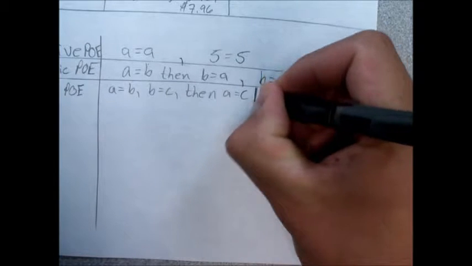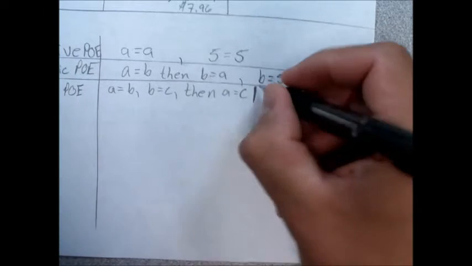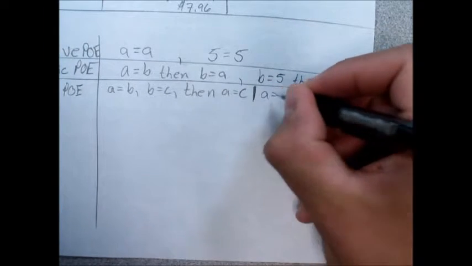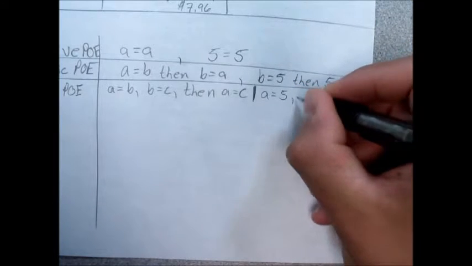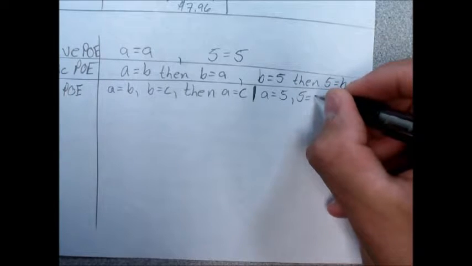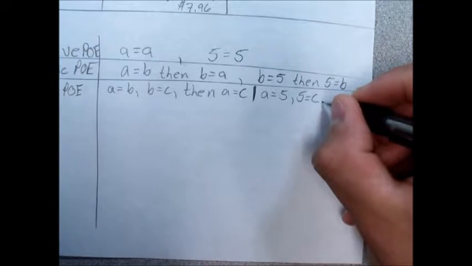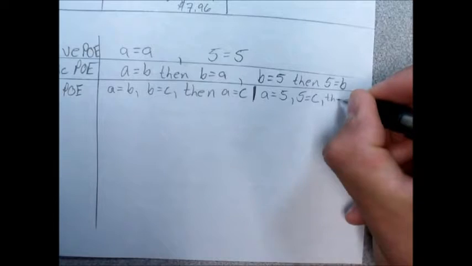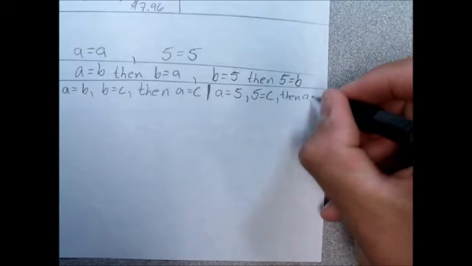It's fairly obvious, but if A is equivalent to 5, and 5 is also equivalent to C, then we must know that A is the same as C.